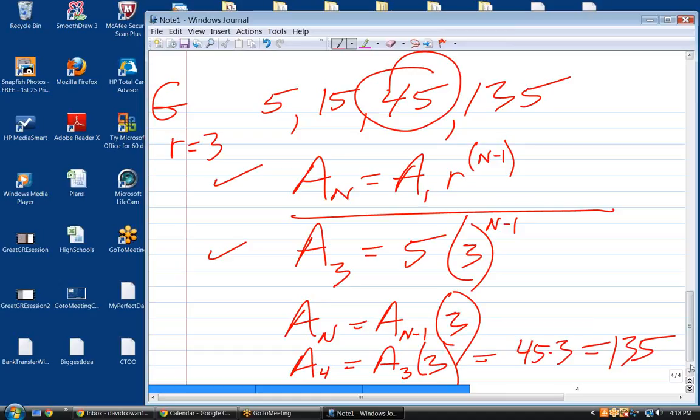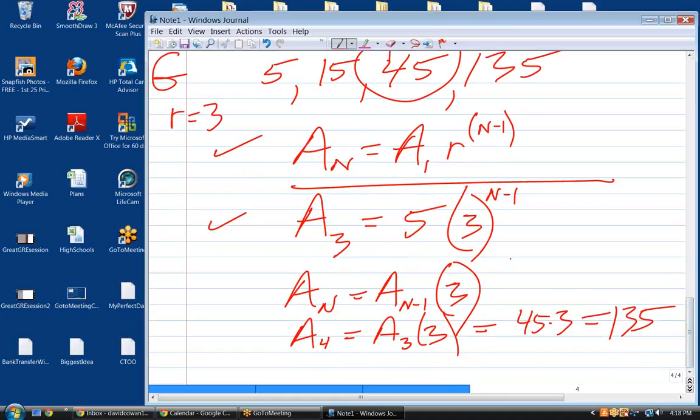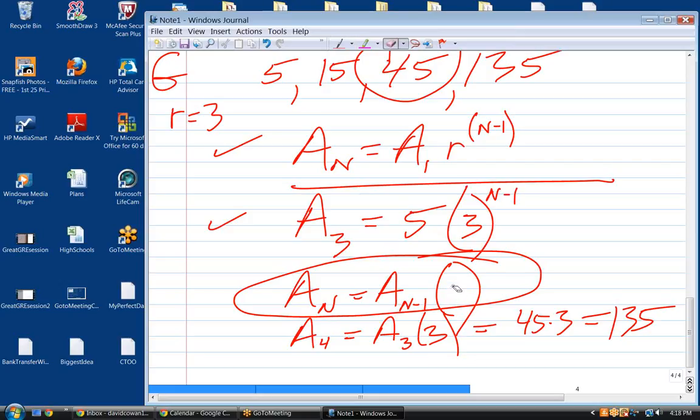So this is the general formula for an explicit. The general formula would have an R right there. In other words, the recursive formula is the nth term is equal to the nth minus 1 term times the common ratio.